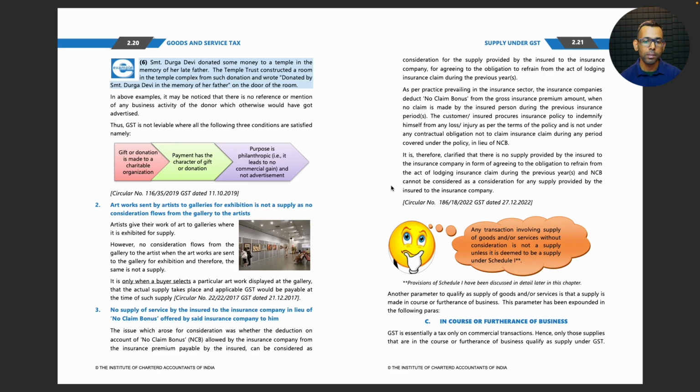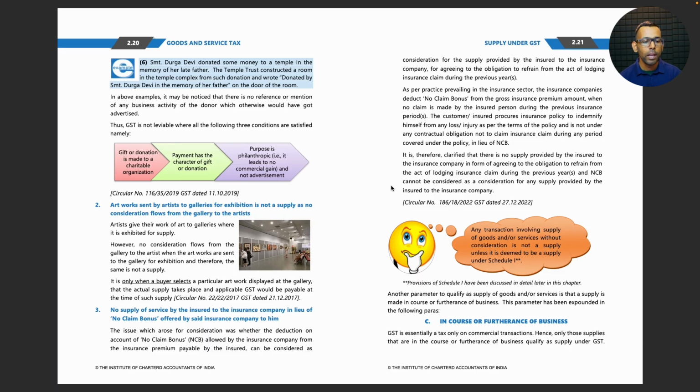The temple trust constructed a room in the temple complex from such donation and wrote donated by Srimati Durga Devi in the memory of her father on the door of the room. In the above examples, it may be noticed that there is no reference or mention of any business activity of the donor which otherwise would have got advertised.